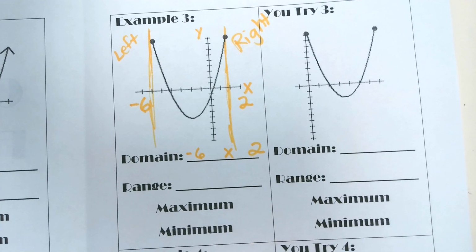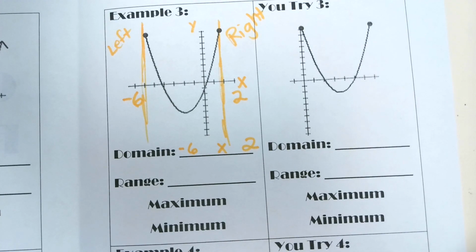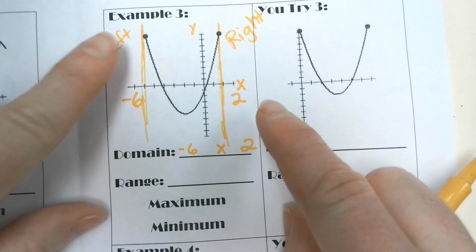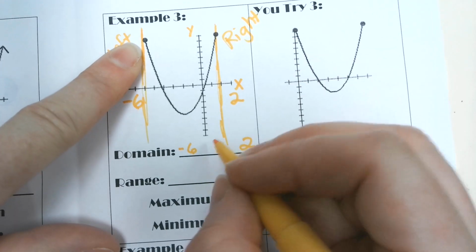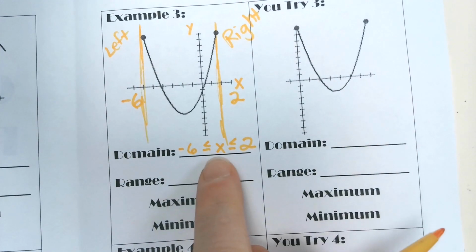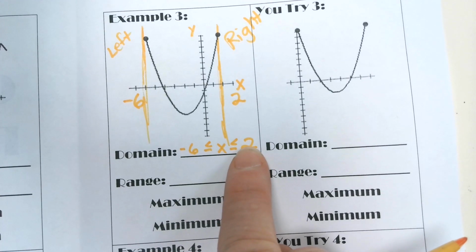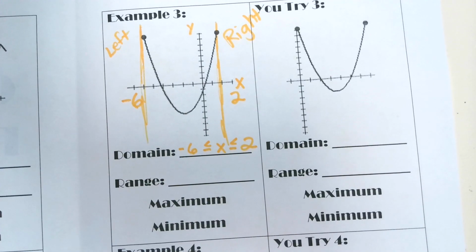And we use less than or equal to if we're going from left to right. We're going from the smallest number to the biggest. Because these have closed dots, we're going to do or equal to, less than or equal to. So negative 6 is less than or equal to x, it's less than or equal to 2. That just means that the x values are only between negative 6 and 2.